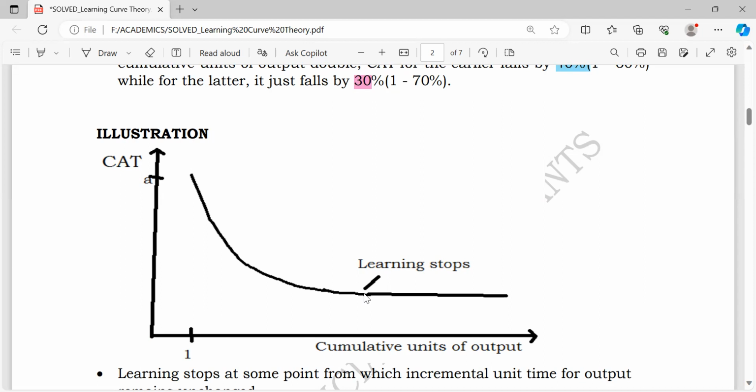Because at a particular point, labor would be so accustomed to the job, and to any new processes, that time would not get reduced anymore. That's why learning stops somewhere, and then we have this flat curve.